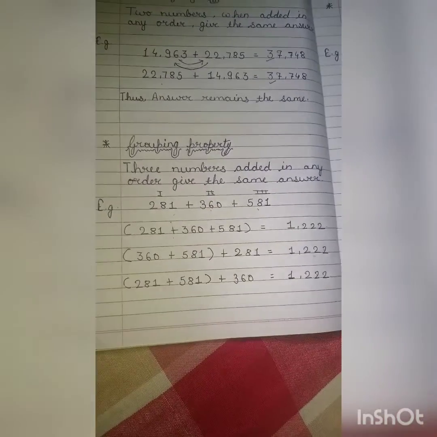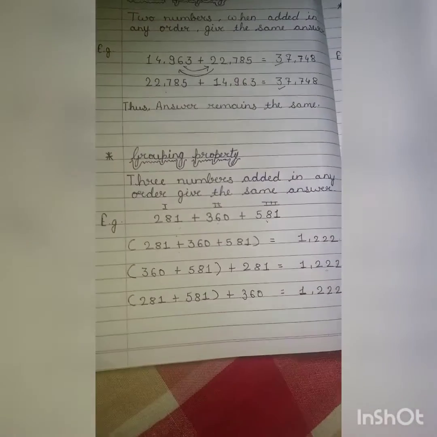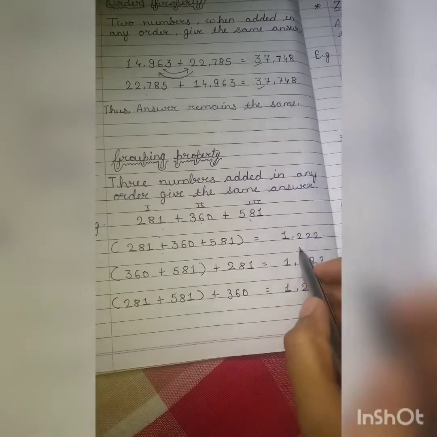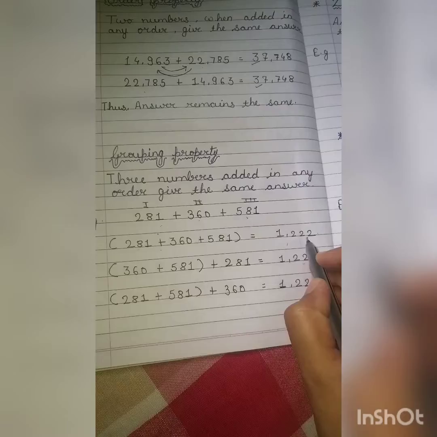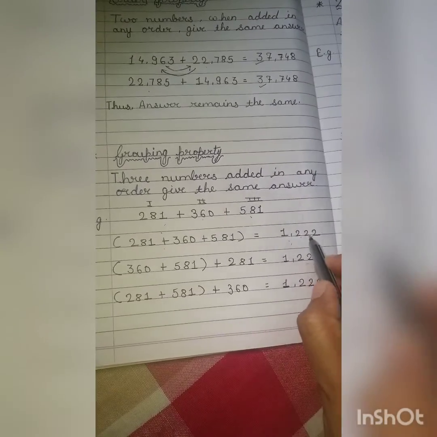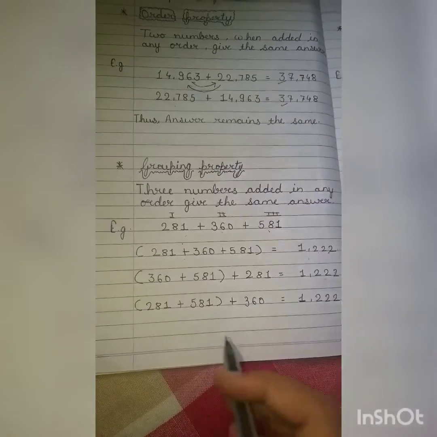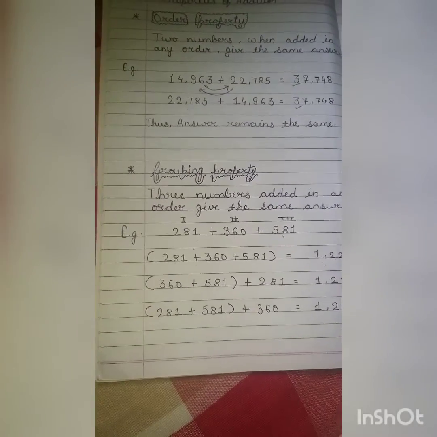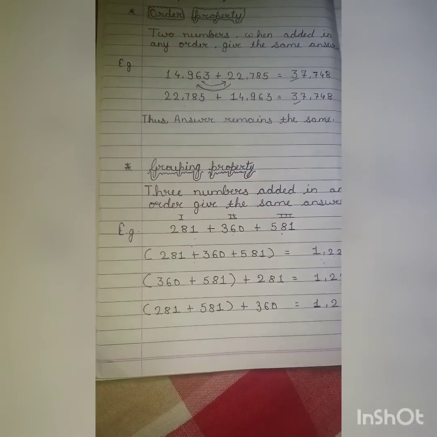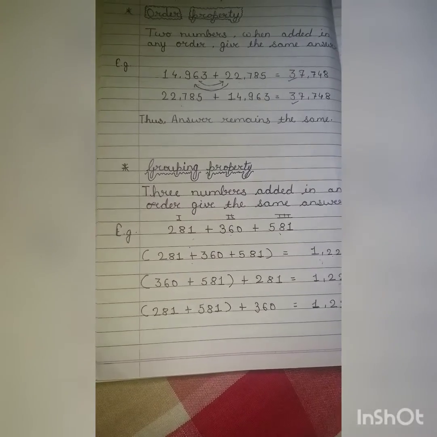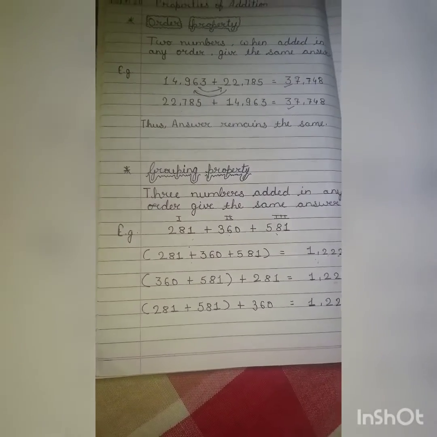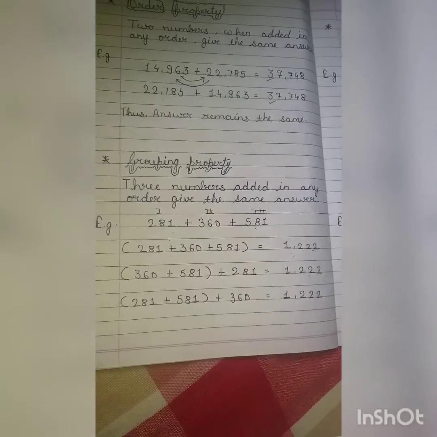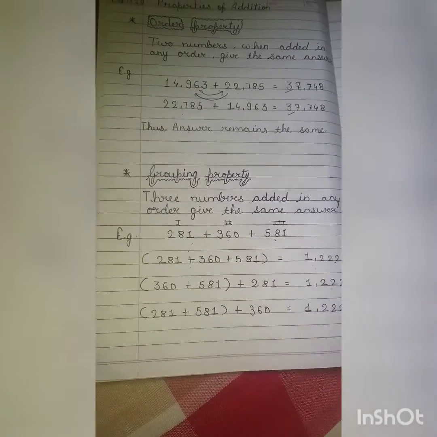281 plus 360 plus 581 is equal to, answer is 1222. But now students, in second order you can see that I have taken second plus third plus first number, but the answer again remains the same.